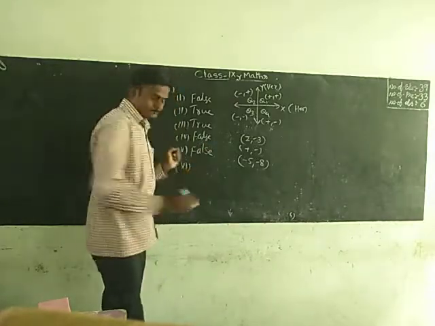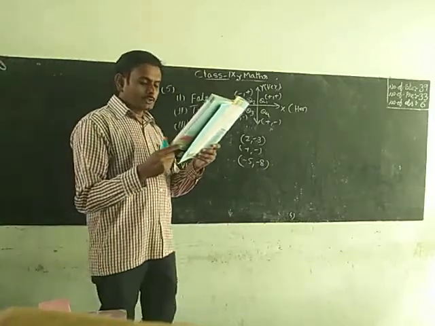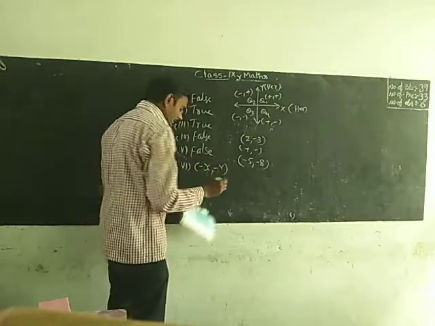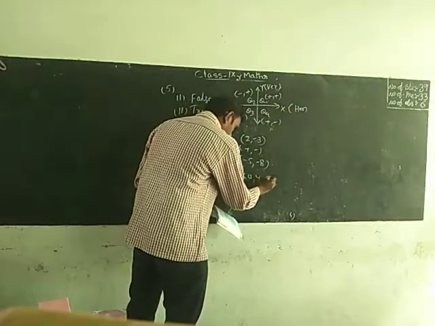Sixth question. (-x, -y) lies in the first quadrant. Given x less than 0 and y less than 0.